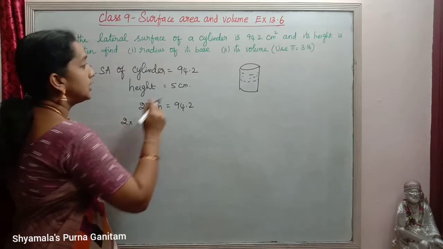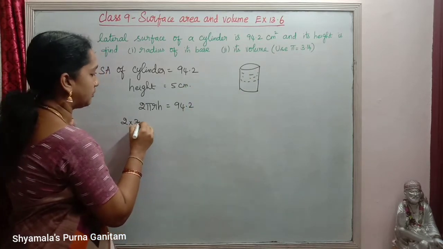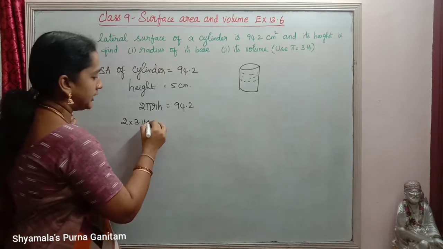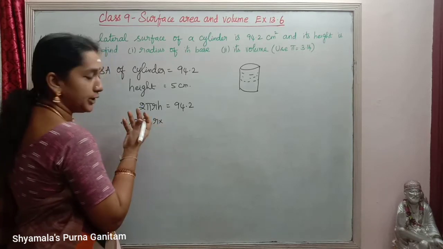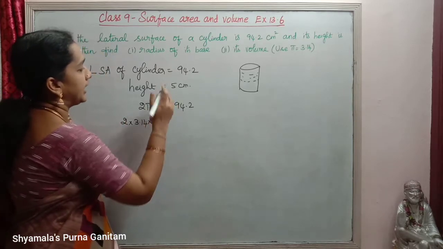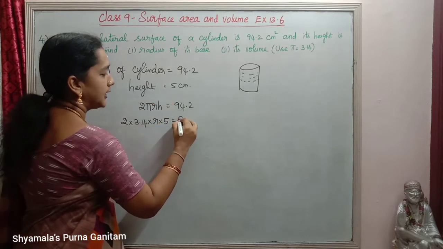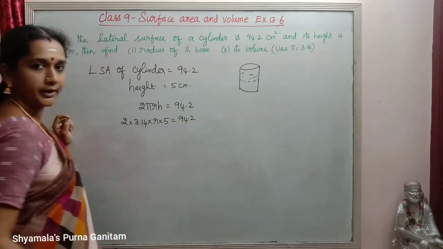So 2 into pi value, we are asked to substitute 3.14, into radius, which we are asked to find, we don't know, then r into height, given as 5 centimeter, is equal to 94.2.